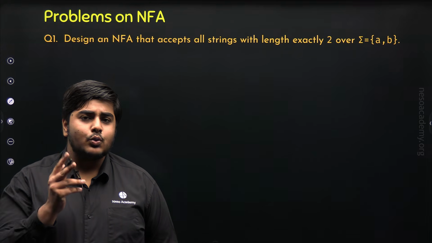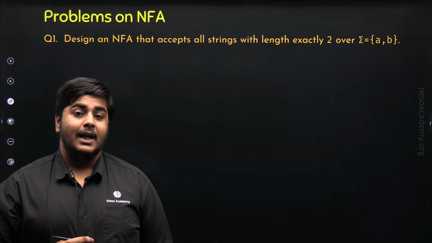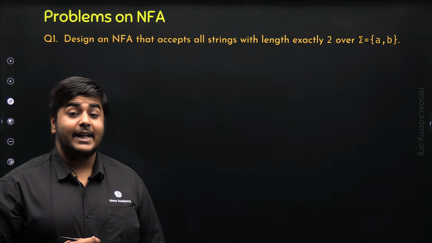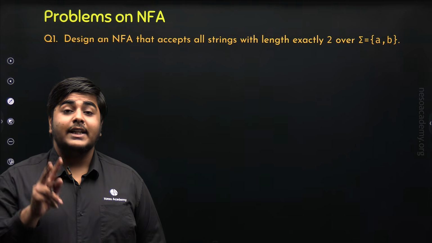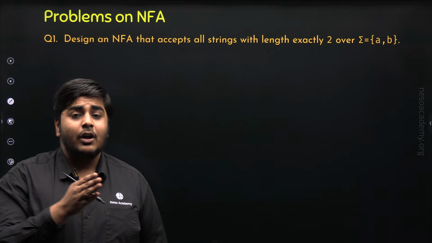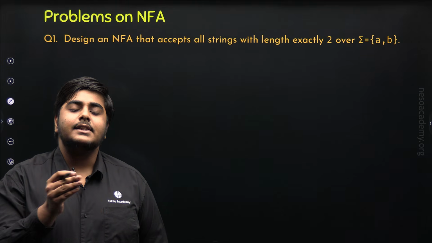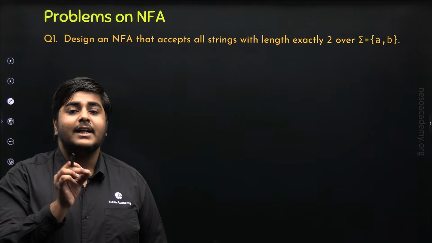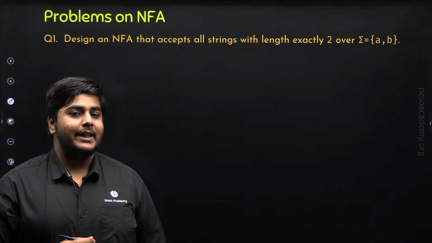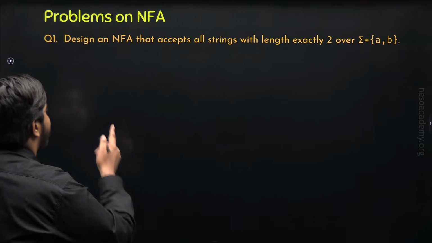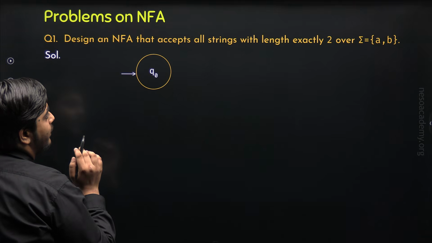Now, what are these 2 symbols in the string? As you can see, our alphabet is {a, b}. So, these 2 symbols can be either a or b. So, the first symbol can be either a or b, and the second symbol will also be either a or b. Let's start designing our NFA. First, we will have our initial state, which is q0.